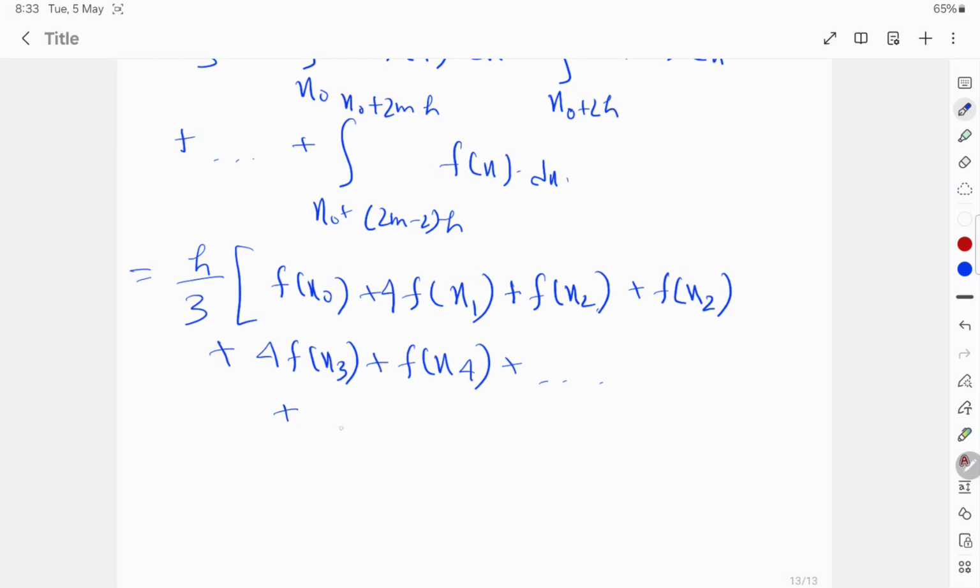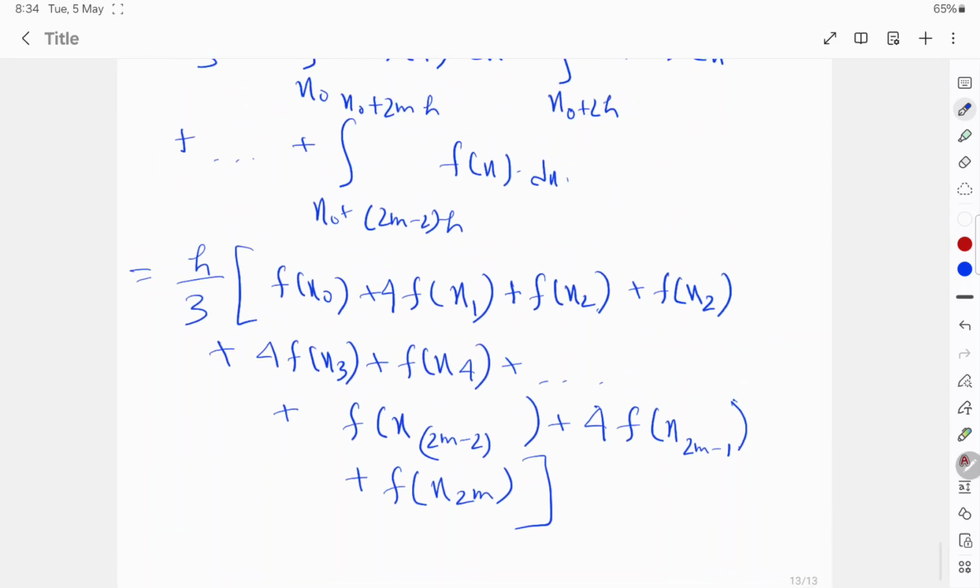So for the last integration it will be f of x 2m minus 2, plus 4 times f of x 2m minus 1, plus f of x 2m, right?